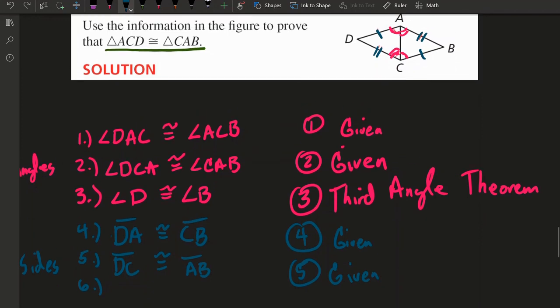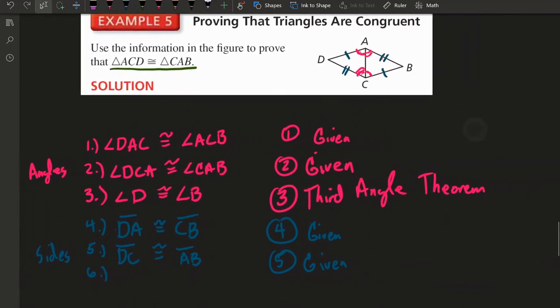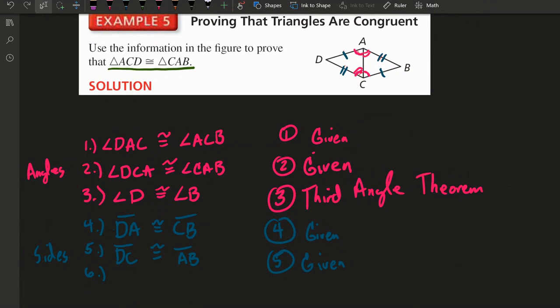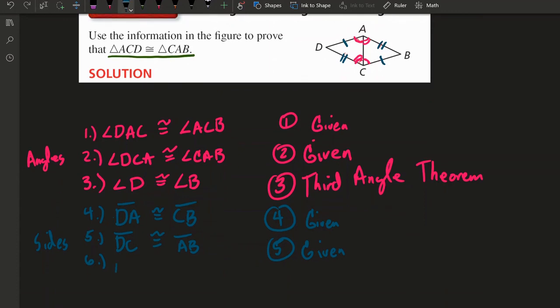Now this one can be a little tricky, but if I look at it, I need one more side. And this is a spot where we see that the third side of both triangles is AC. And I can say side AC is congruent to side AC because whenever I say something is congruent to itself, that is the reflexive property.